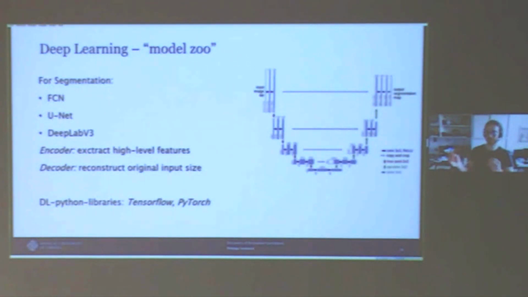Therefore you combine this abstract, non-localized representation with localized information in the decoder. And you can find all the architectures that are listed here in TensorFlow and PyTorch. So these are all things that you probably already tried out yourself.